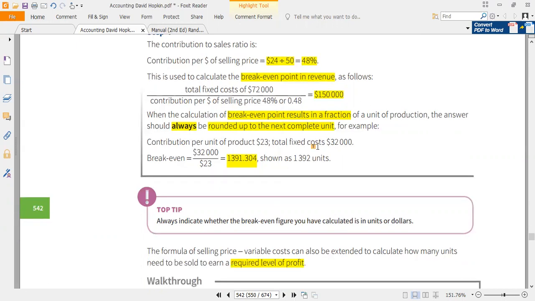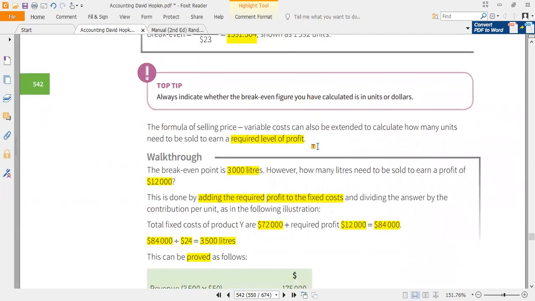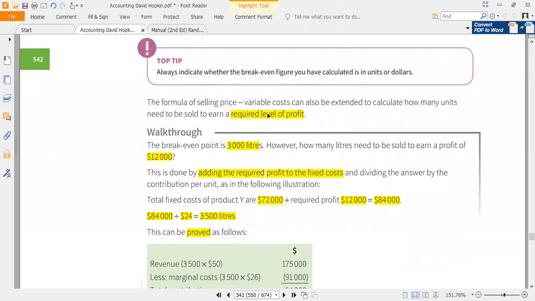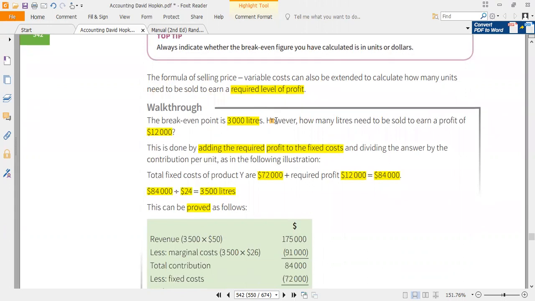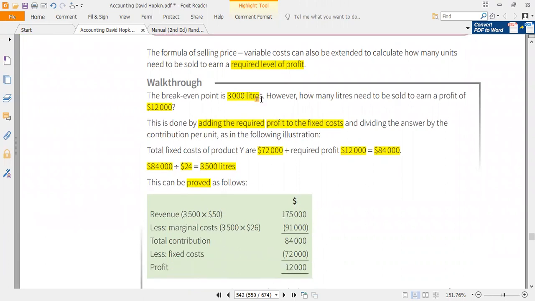Clear? Okay. Another thing: the formula for selling price minus variable cost can also be extended to calculate how many units need to be sold to earn the required profit. Suppose this is 3,000 liters for the break-even. If the question asks how many liters need to be sold to earn a profit of 12,000, the same formula applies.